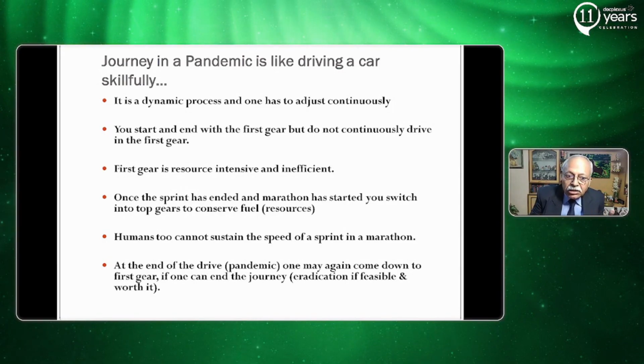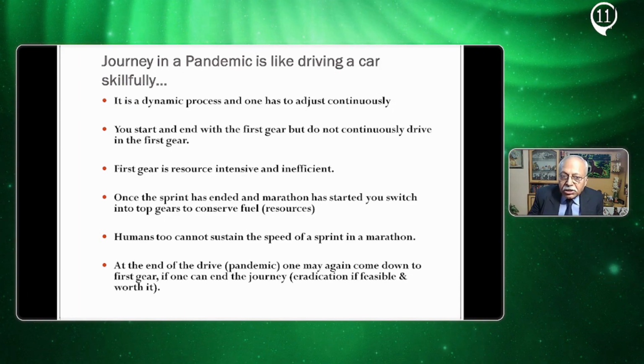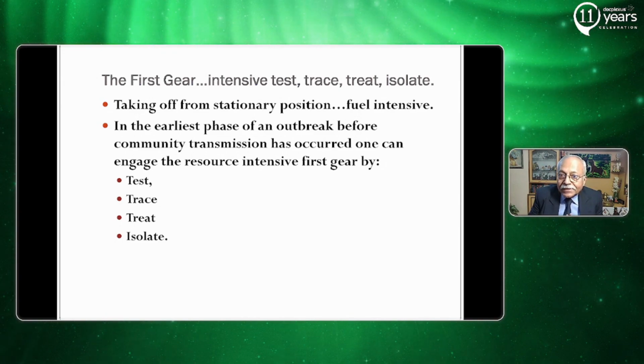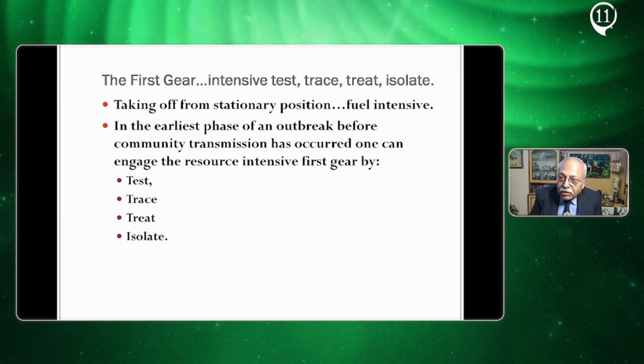So we will just see, taking the example of COVID, how the journey started. The first gear is very intensive, and we started with test, trace, treat, and isolate. Testing requires a lot of resources, a lot of kits, and tracing is a very cumbersome process.